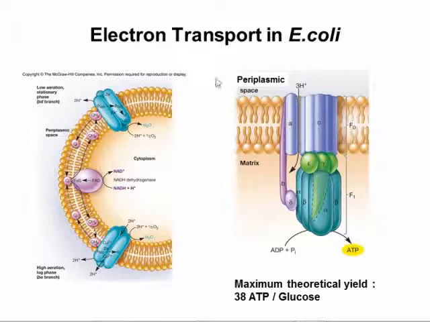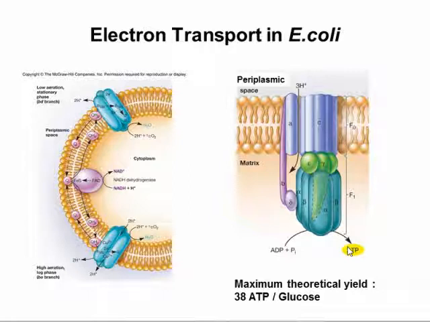Now, once the proton gradient has been formed, then it can be used to generate ATP by the proton-dependent ATPase, which is in the membrane. So protons that are in the periplasm are transported across through the proton-dependent ATPase, down the gradient, and this is used to generate ATP.